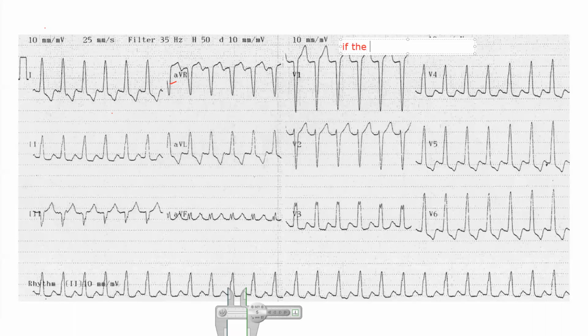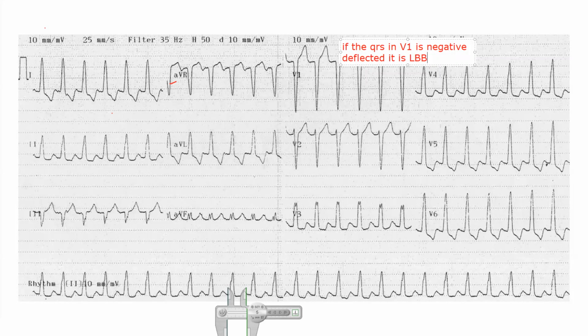If the QRS in V1 is negative, such as in this case, negative means to say that it is negatively deflected, it is left bundle branch block. Let me repeat that.